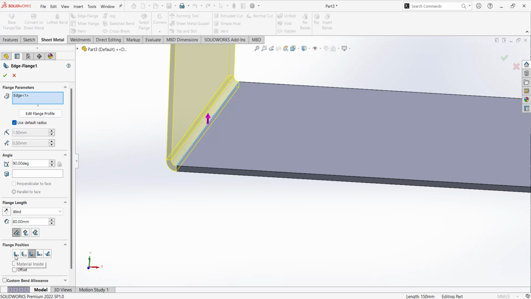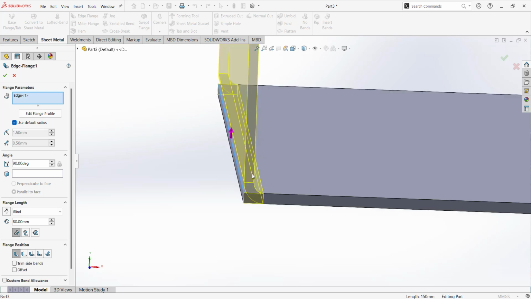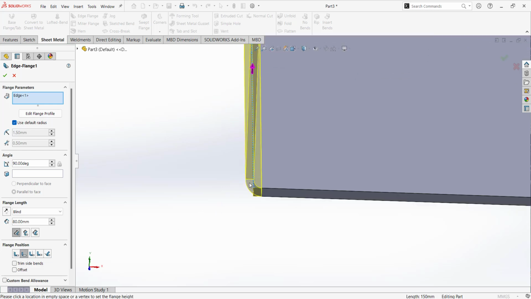Next, I'll go for flange position. So there are multiple options given here for the flange position. If I go for the first option, that is material inside, all things will come inside the edge reference. If I say thickness excluded or material outside, then thickness will come outside of the sketch or selected edge.